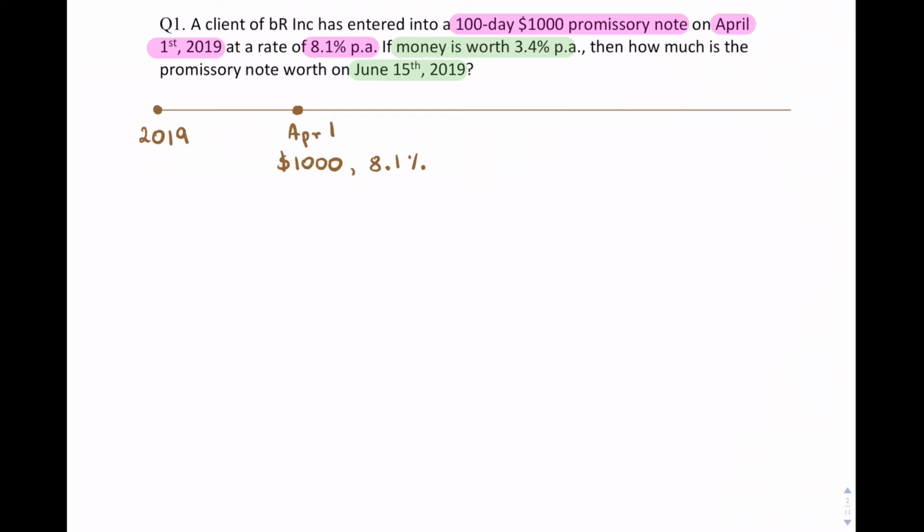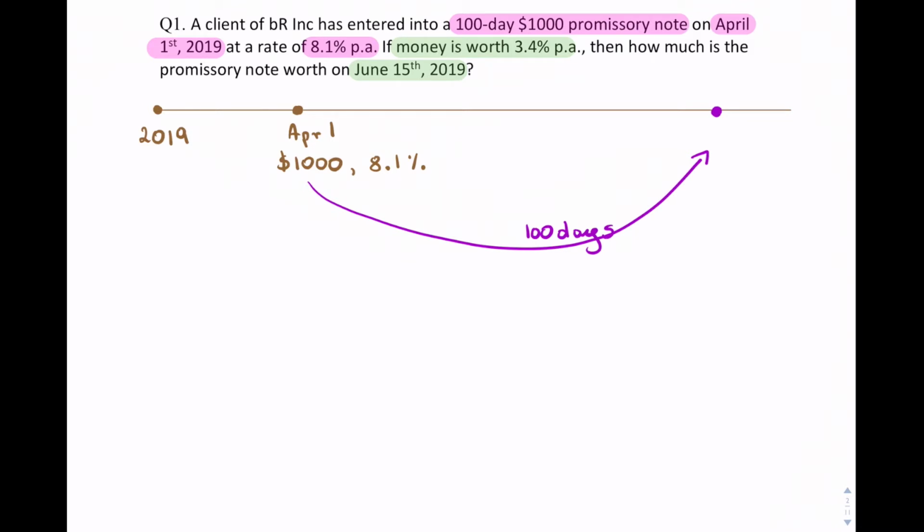But unfortunately, we can't do that because first we have to find out how much this promissory note would be worth on its maturity date, which is 100 days forward. So that will be number 1. We have to move this promissory note 100 days forward. That's the first thing that we have to do.